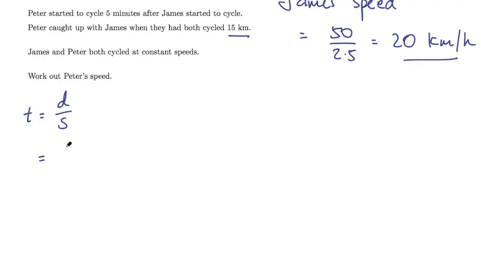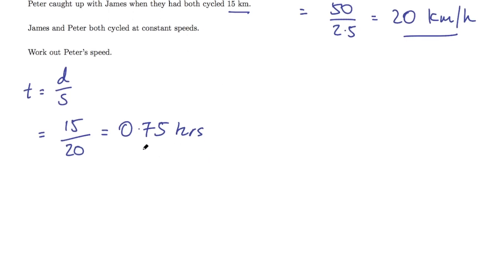So the distance was 15 and the speed was 20 kilometers an hour, and so that's obviously 3/4. So he has taken 0.75 hours to ride 15 kilometers.